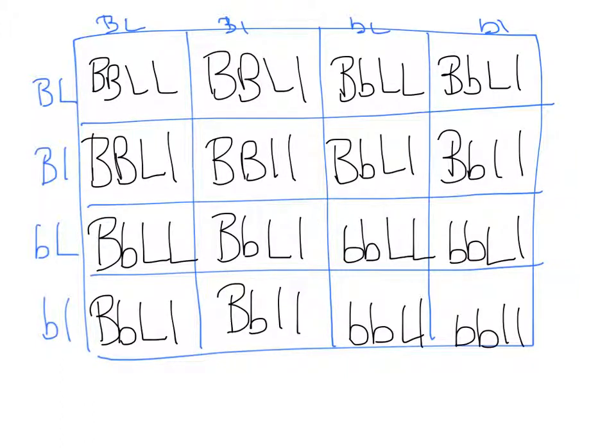So let's count them up. We have 1, 2, 3, 4, 5, 6, 7, 8, 9. So your first number should be 9 at the bottom, black and short.